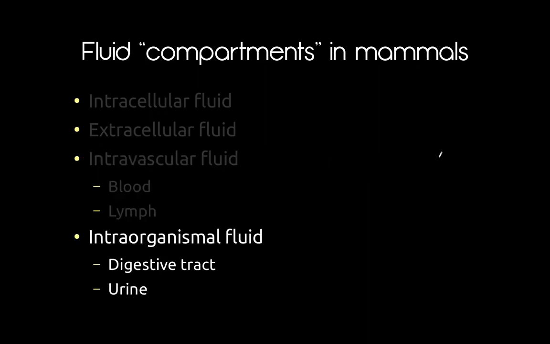Also, we have intraorganismal fluid. So this is fluid that is contained within the animal. However, it's not really inside any tissues, and it's not something that is going to be contained in something that we call tissue. And so, for instance, this would be the fluid that's in your digestive tract.